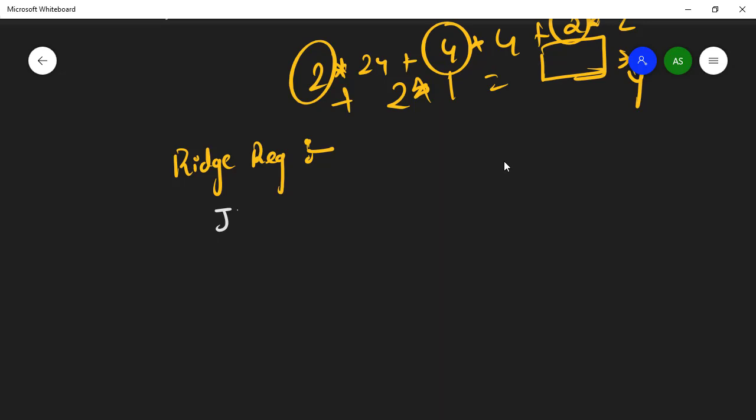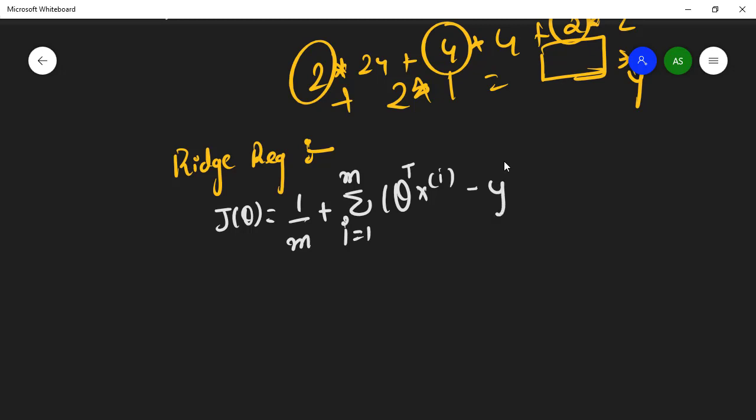So J of theta equals 1 over m times the sum from i equals 1 all the way to m of (theta transpose x_i minus y_i) squared, plus, and here we have something called alpha. Don't assume that this is the learning rate, this is just alpha, or someone can write it as lambda.